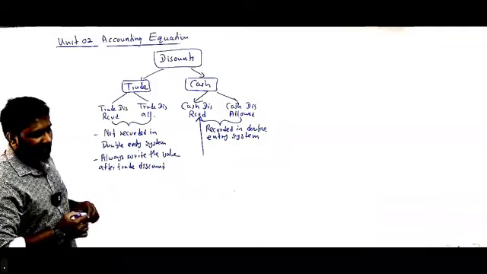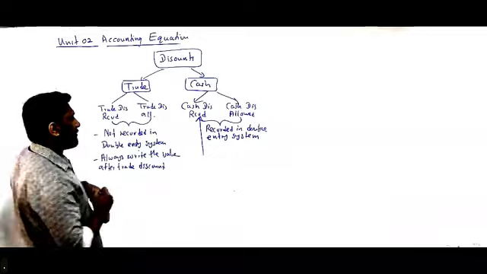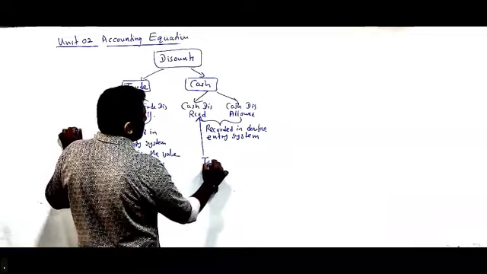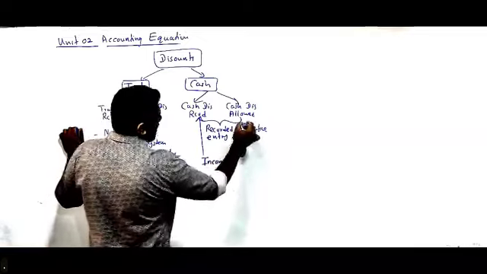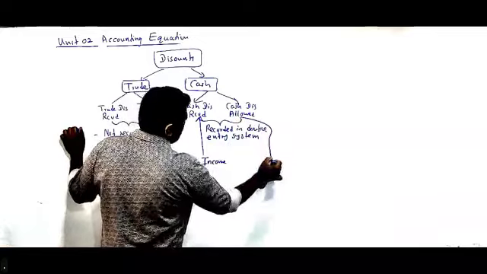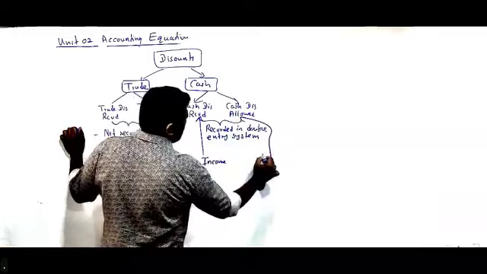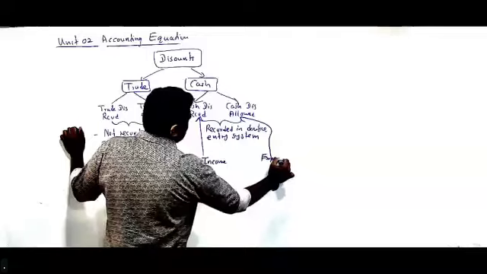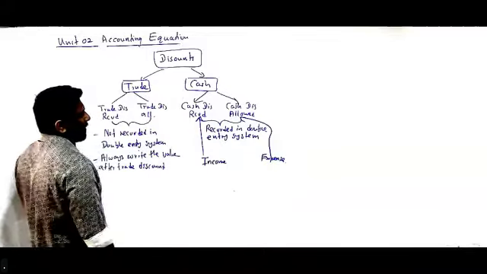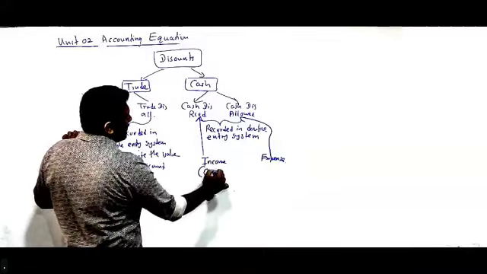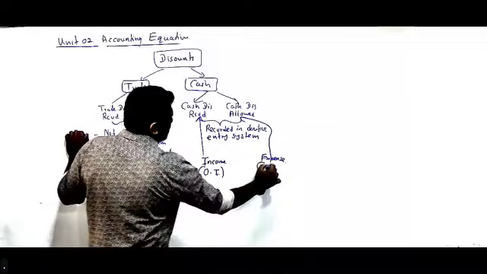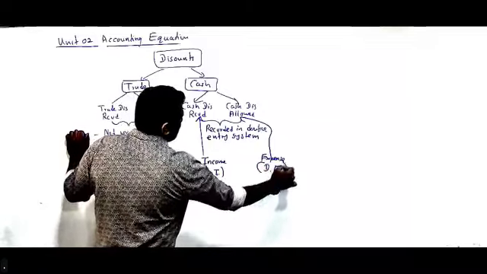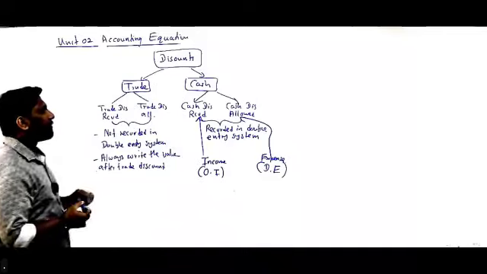Income. This is an income. Cash discount allowed? Expense. This is recorded as an expense. So this is what income? Other income. This is what expense? Distribution expense.